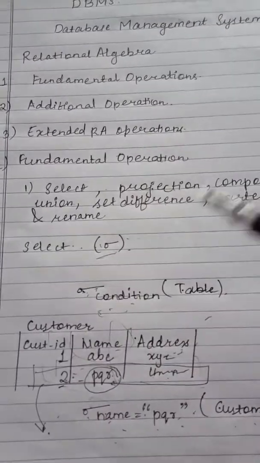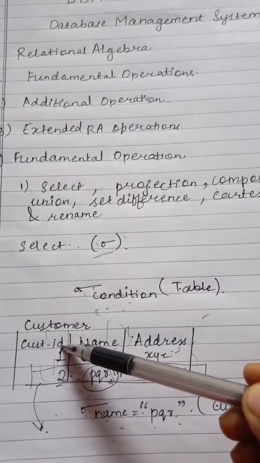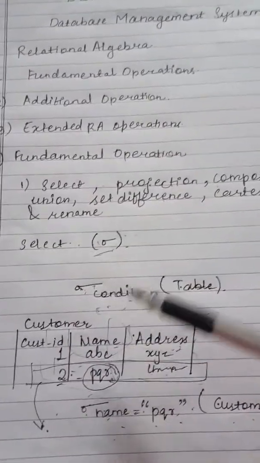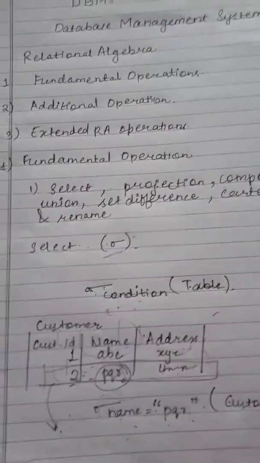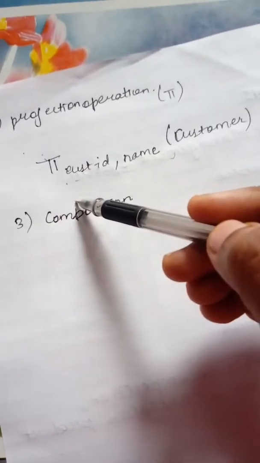Suppose I want to take two columns, first customer ID and second name. The projection operation is denoted by pi. So I will write the query as pi, then the column names that I want to retrieve from the customer table, customer ID, name, and then the table name.